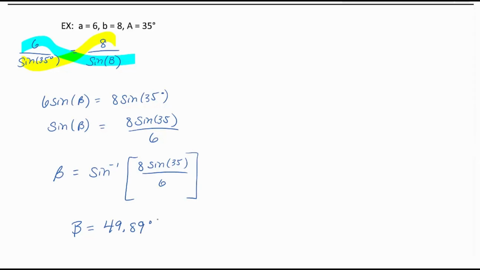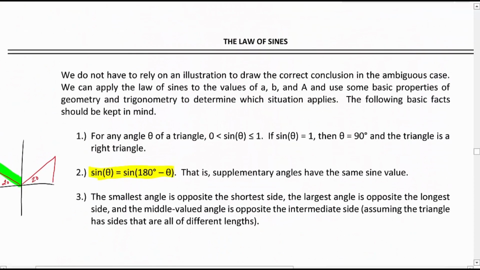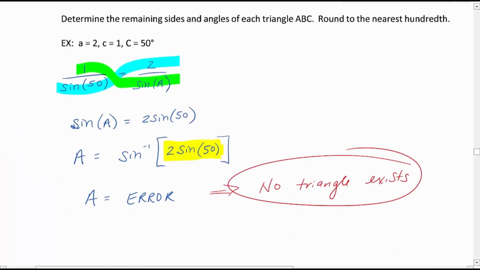But I don't know if this is going to swing one way or another to create one or two triangles. So I always assume that there are two triangles in existence. Now, we're going to use this fact 2 here, that sine of theta equals sine of 180 degrees minus theta, to get the second angle, the second possibility.